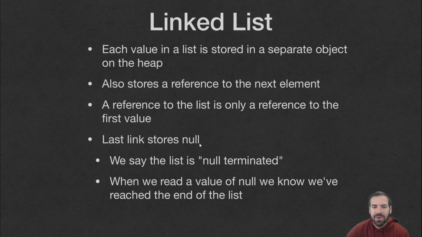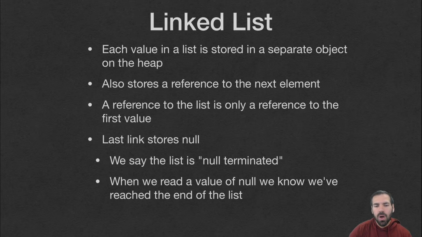Null is a keyword that means this variable is supposed to store a reference, and it doesn't. That's what null means. It's a null reference, meaning it does not refer to an actual object.